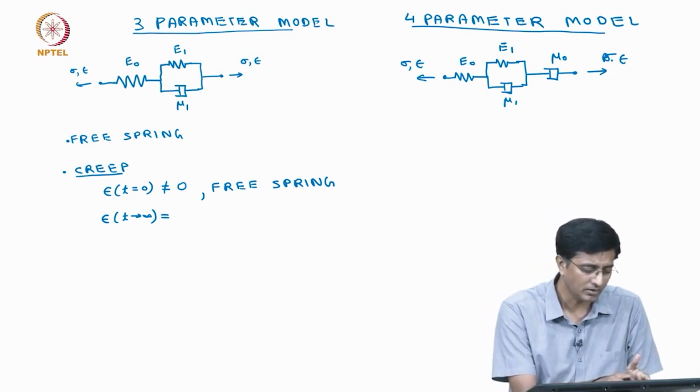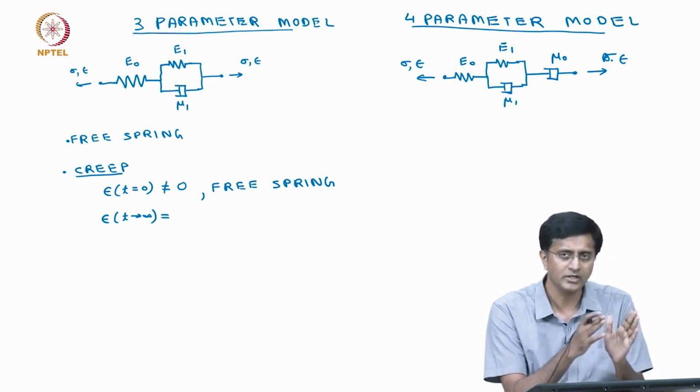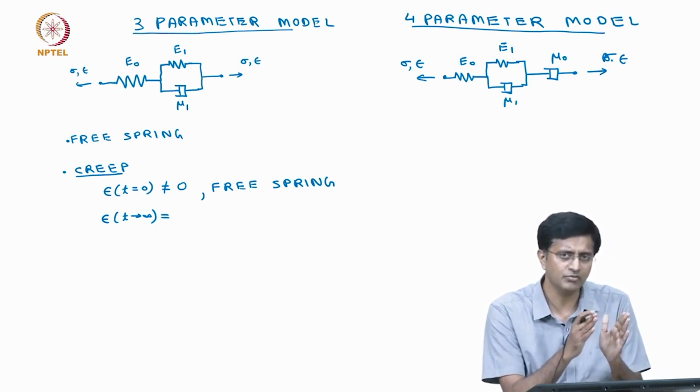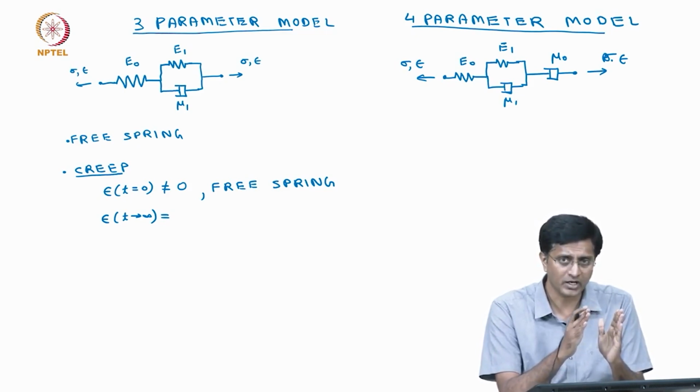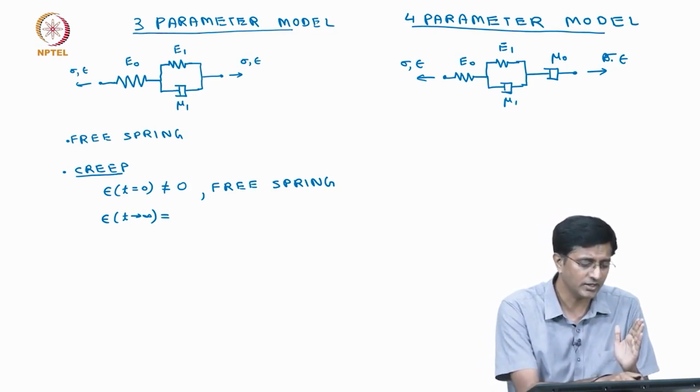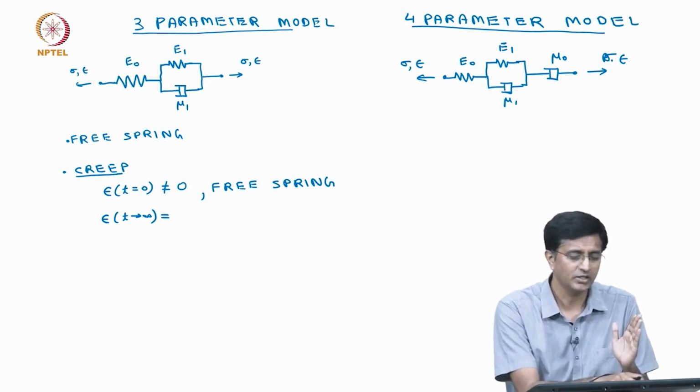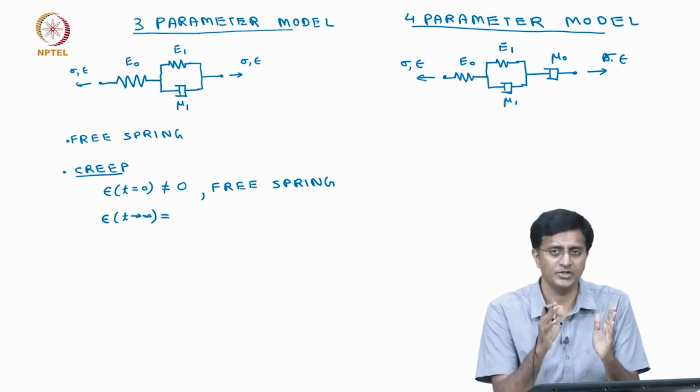But for the Kelvin model embedded in this 3-parameter model, instantaneously there is no strain, because the damper will not budge. But given enough time this damper will start expanding. When the damper expands, it will also let the spring E1 take the deformation.